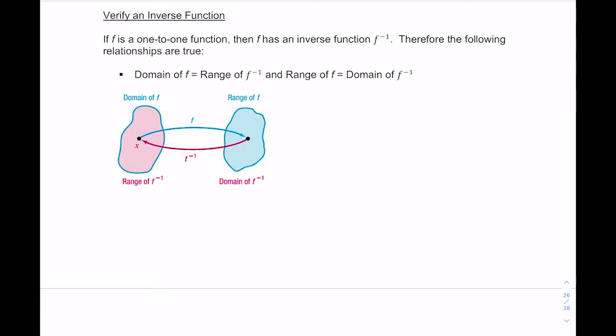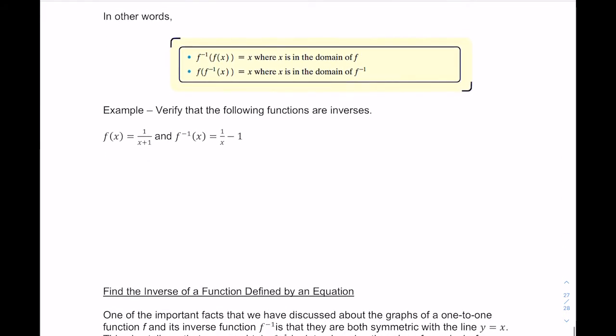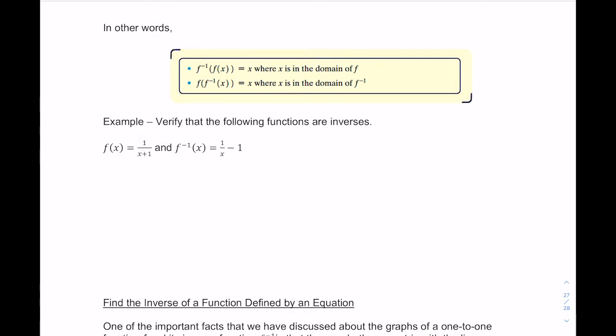So what we need to do is take our equations and be sure that they both simplify to x, which is the line that the graphs will reflect over. So what's important to remember here is that when you replace f of x with f inverse, you want x for your answer. And when you replace f inverse for f, you also should be getting x for your answer.